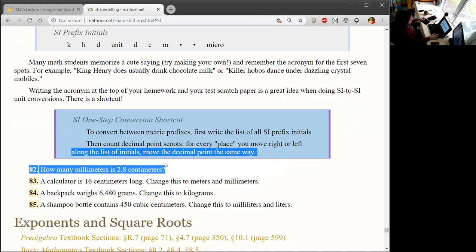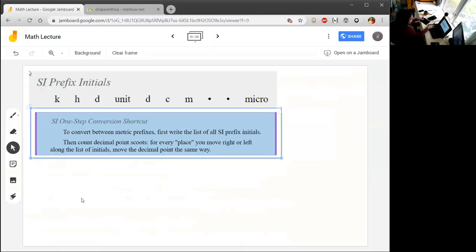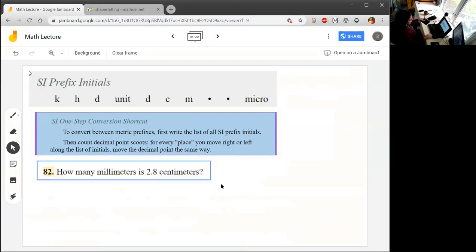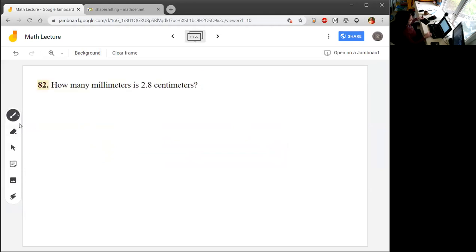So if I am asked how many millimeters are in 2.8 centimeters, I could do this the way we just did. I could say, if I stare at my ruler, then I can see that 1 centimeter is 10 millimeters, 10 of the little marks and the bigger mark on my ruler.